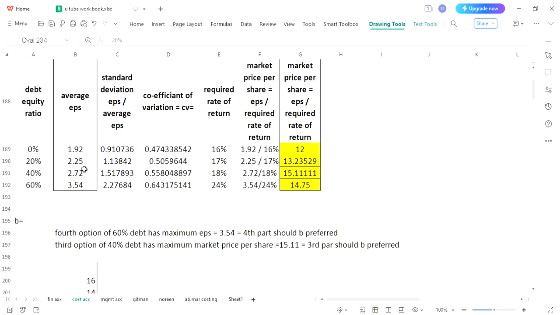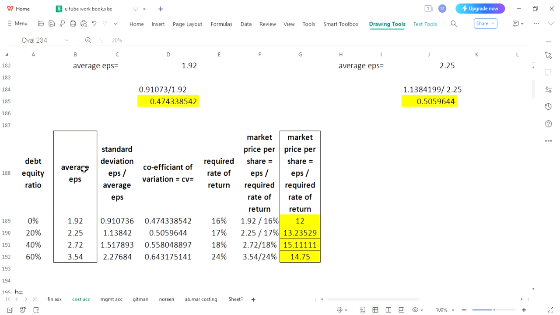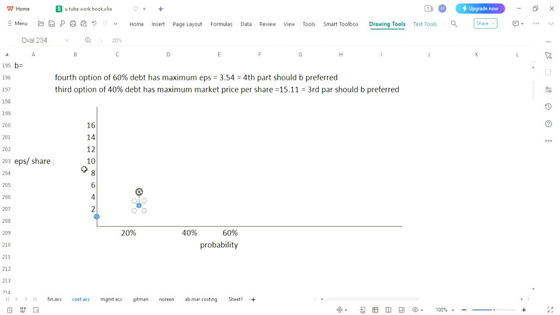For 20%, 2.25. 20% line is present over here and amount we need 2.25. It would be just above than 2.